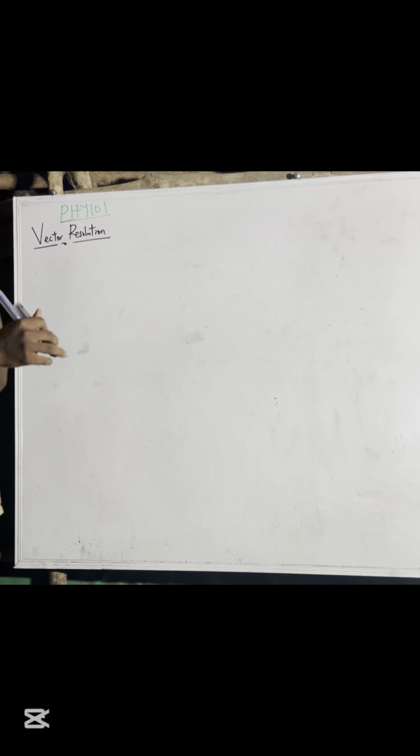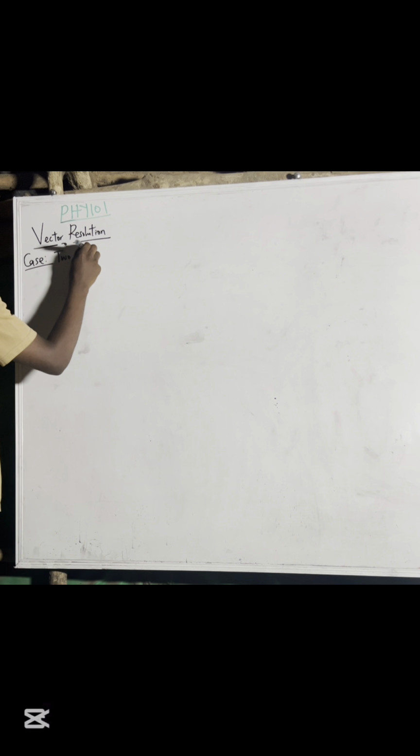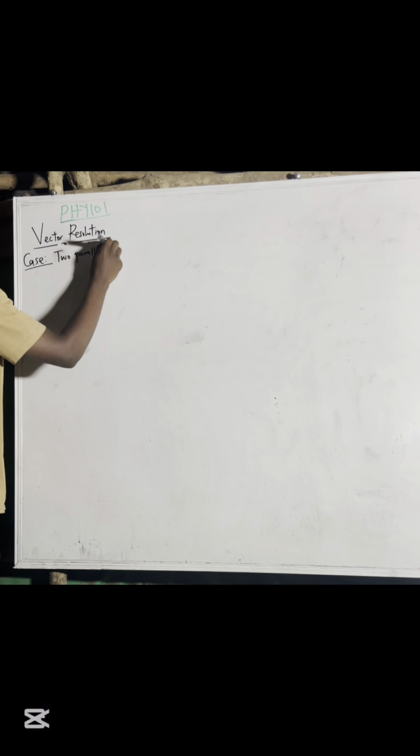So therefore, let's talk about the vector resolution. We have different cases for vector resolution. The first case we are going to be talking about is for two parallel vectors.